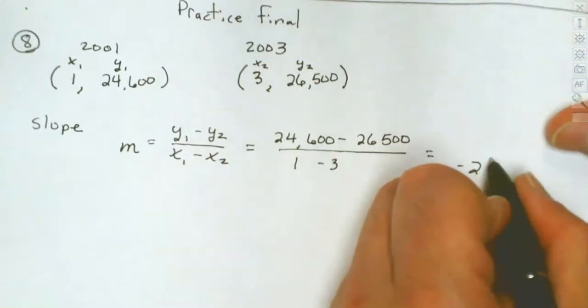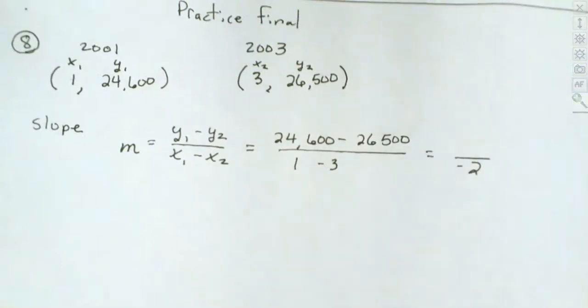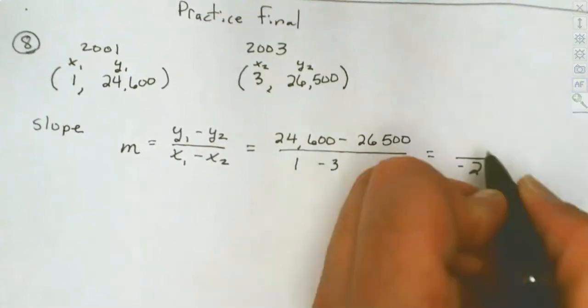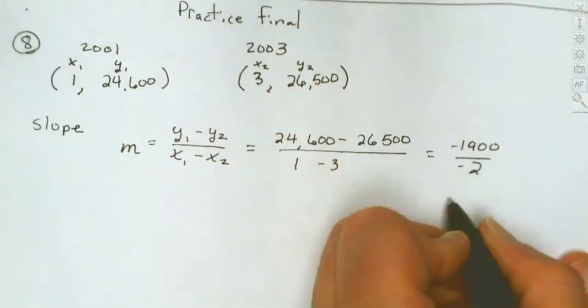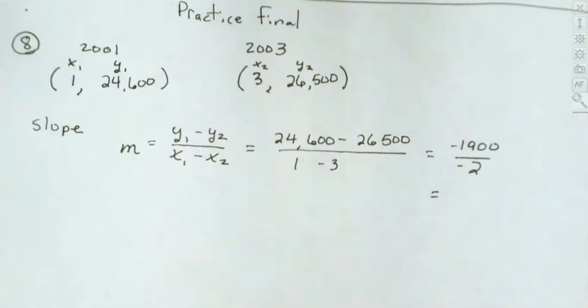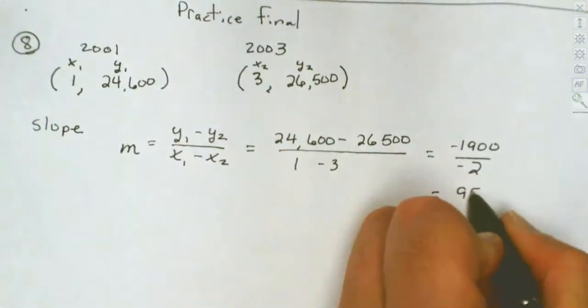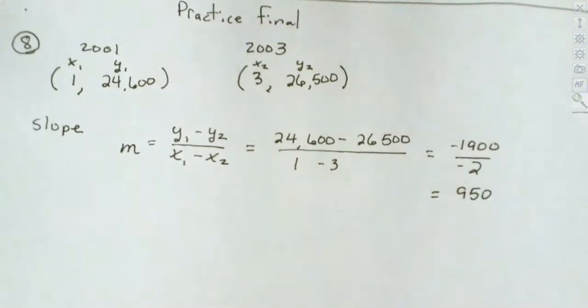And so down below, that's a minus 2, because that one's easy to do. And let's look at our numerator. Well, that's 24,600 minus 26,500. That gives you a difference of negative 1,900. And then we can divide that by your negative 2. And that makes it a positive 950.